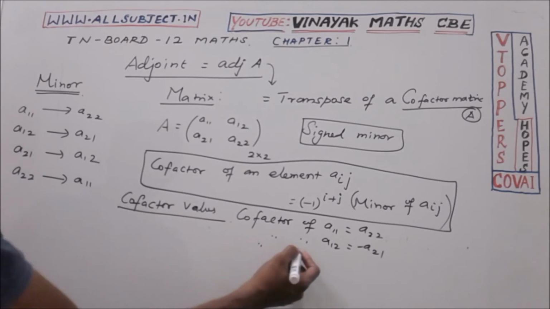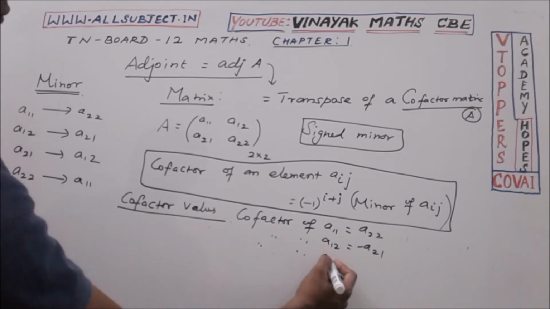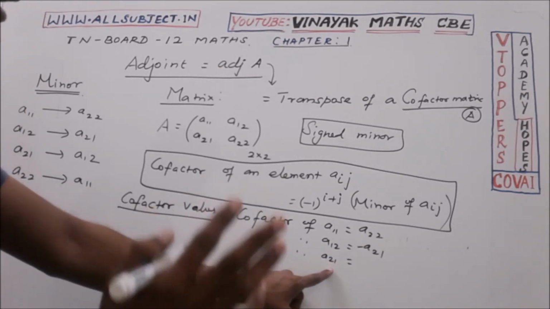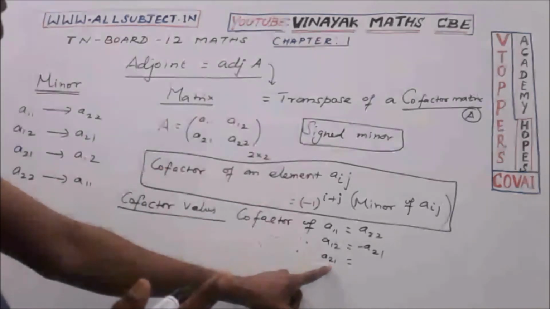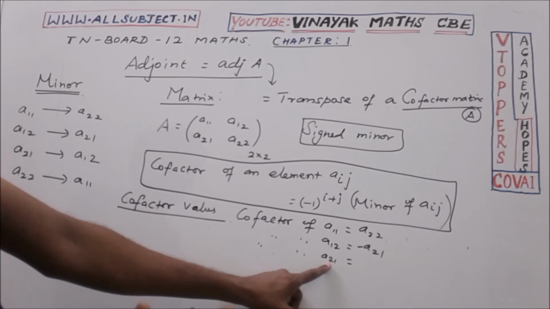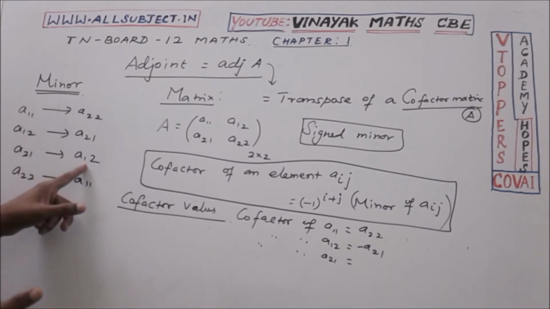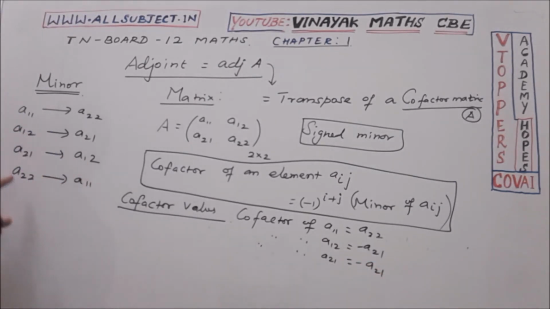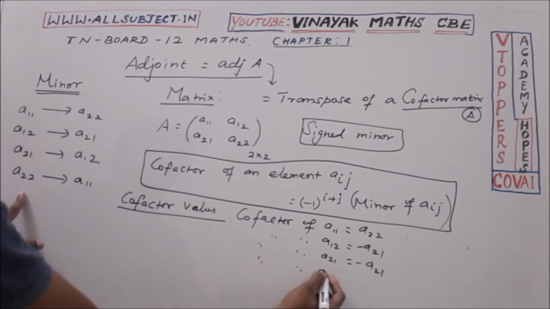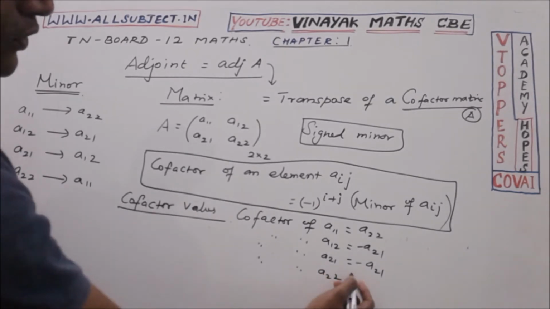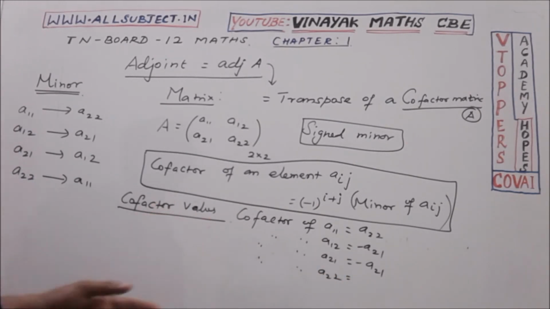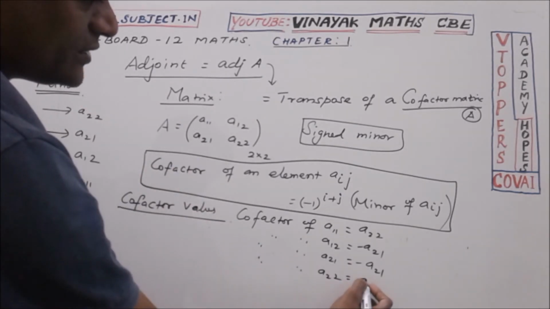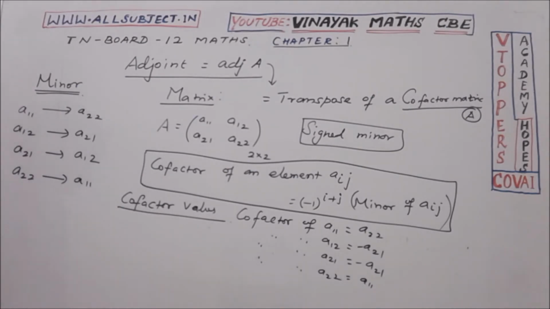Then the cofactor of A21: here 2 plus 1 is 3, so the sign will be changed for its cofactor. Go to the minor, A12, change its sign, so minus A12. And for the cofactor of A22, the sum 2 plus 2 is 4, an even number, so no change in sign. Its cofactor value is A11. This is a simple thing.